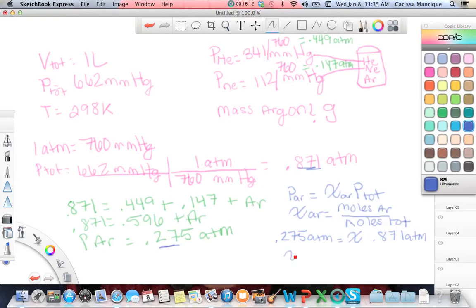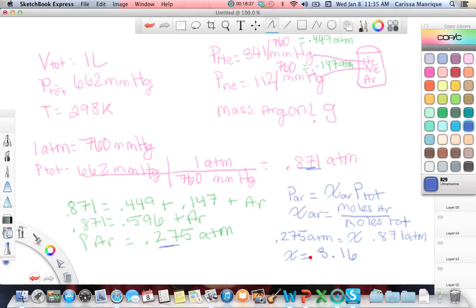When I divide those numbers, my mole fraction is, let's see, 0.316. Okay, so I have a mole fraction, so I'm getting closer.